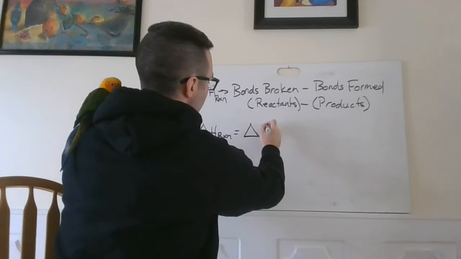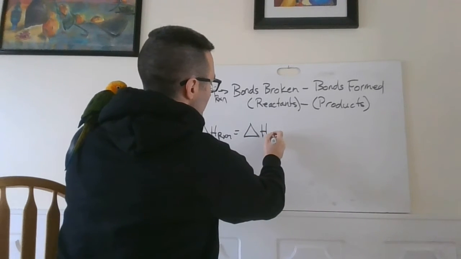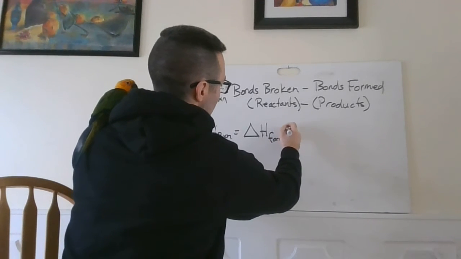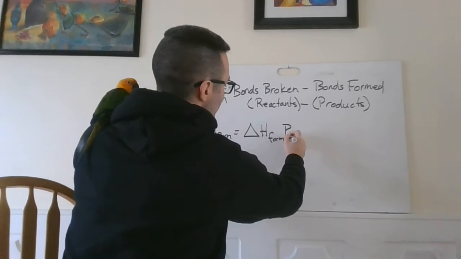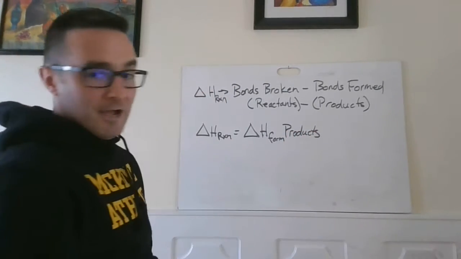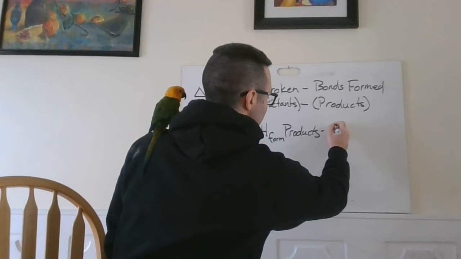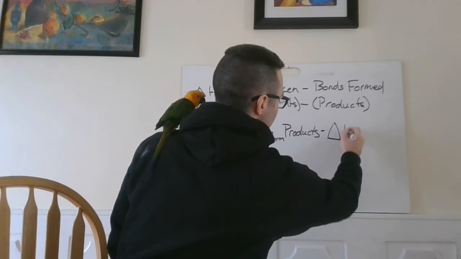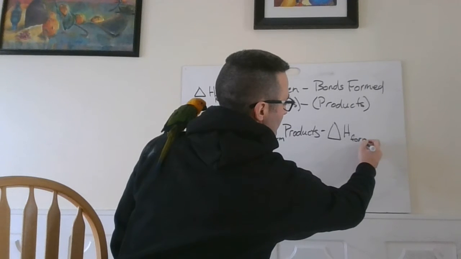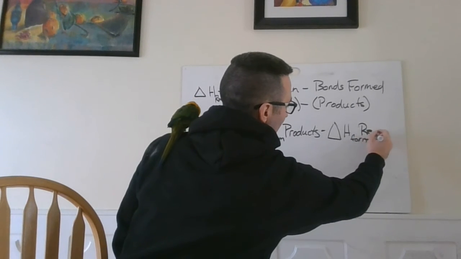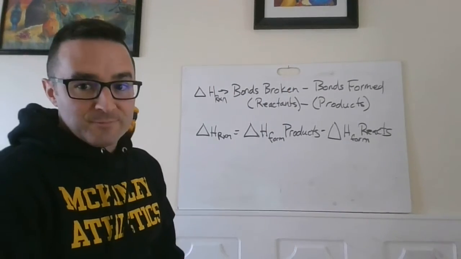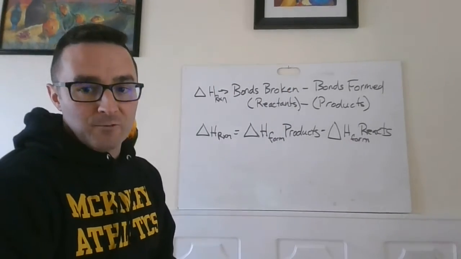The delta H with your heat of formation of all of your products for each one of the compounds minus the delta H heat of formation for all of your reactants. They're flipped, and you've got to know which one you're dealing with.